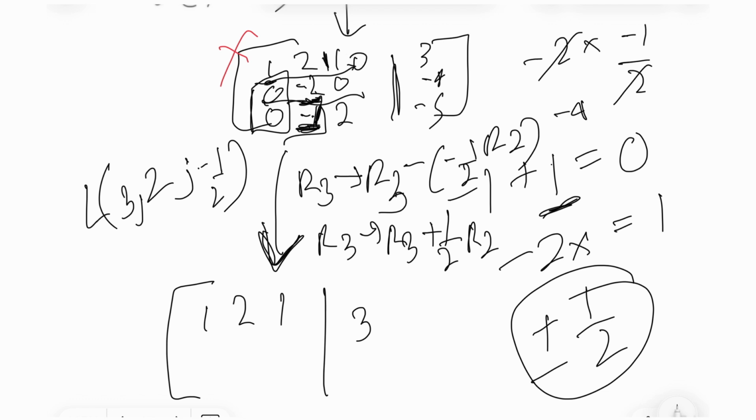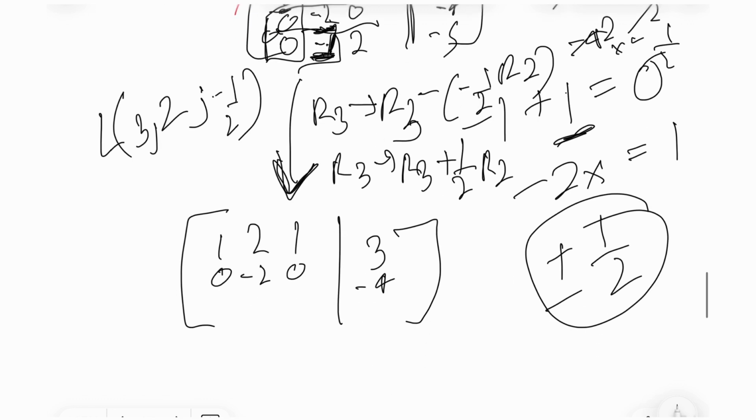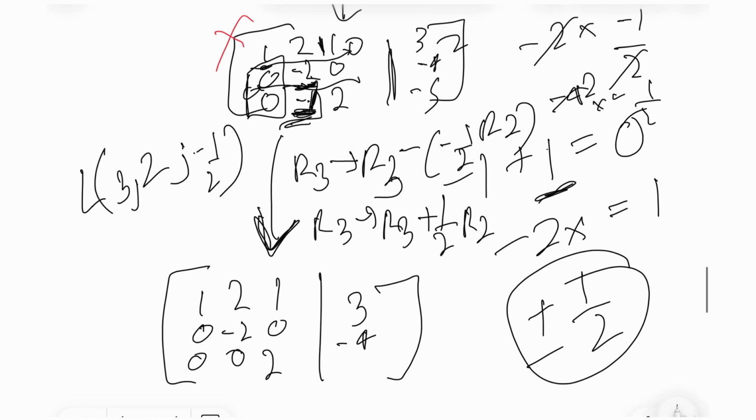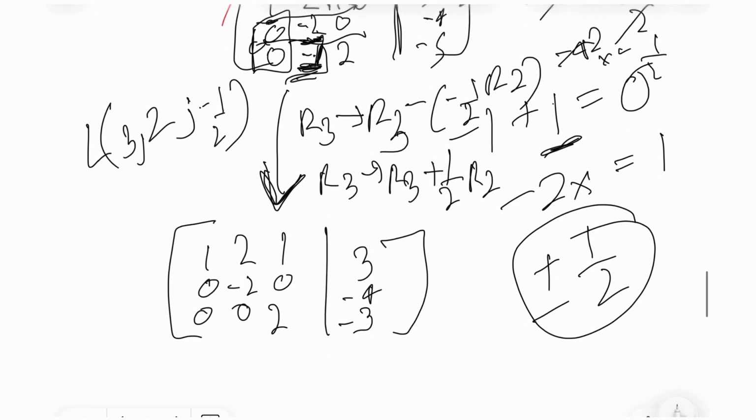Minus 4 becomes 2. Minus 1 by 2. Again, that's 2. The rest of it stays 0. Let's do it here. 0 minus 2, 0. This row stays the same. The last row, we're adding 0 to 0. We're adding minus 1. We're adding, what are we adding? 1. So this becomes 0. This 2 gets 0 added. It stays as 2. And this minus 5 is getting 2 added. So it becomes minus 3.